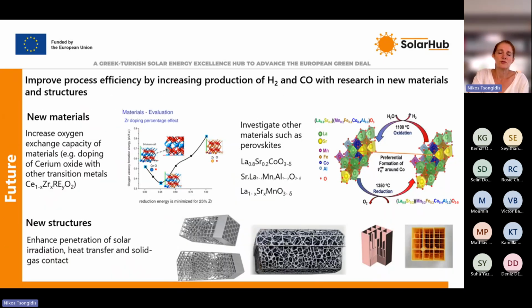So in the future, in order to deal with all these challenges that have been identified, we need to revisit the design of materials, with new material formulations that are based on the old concepts, but are further enhanced with doping, such as the doping of cerium oxides, or the investigation of different formulations of perovskites, and identification of the best candidates for such processes and reactions to take place.